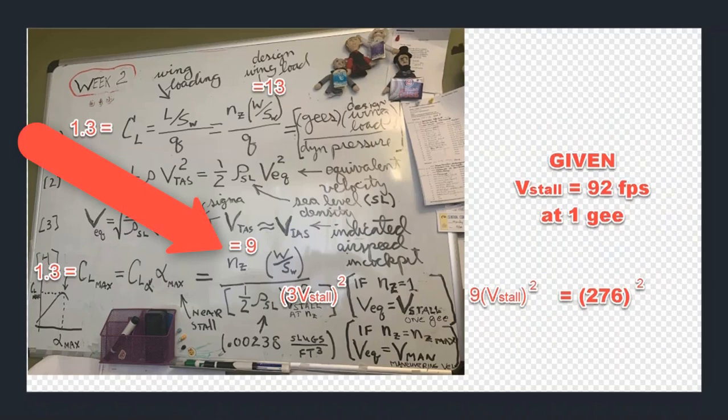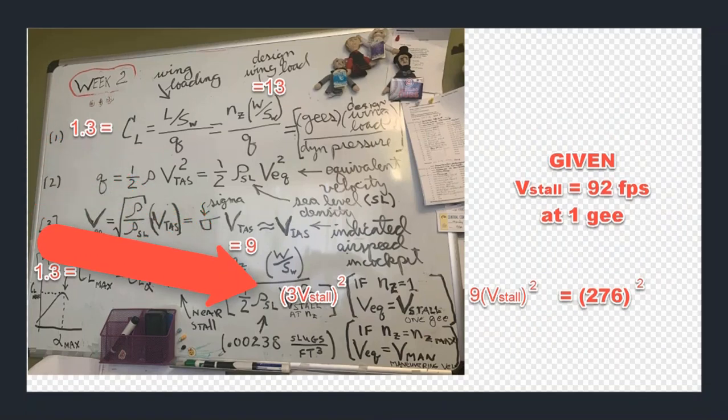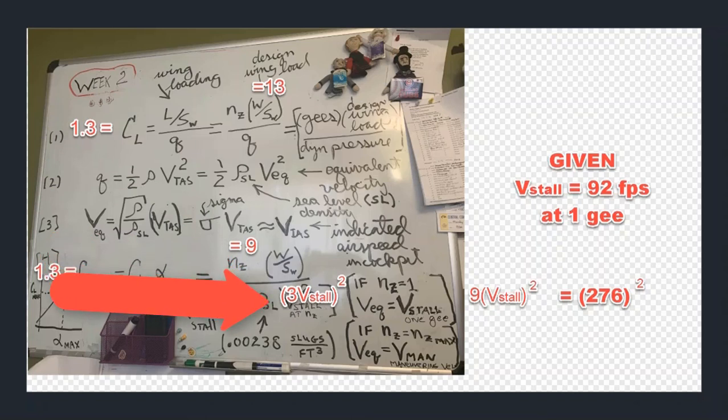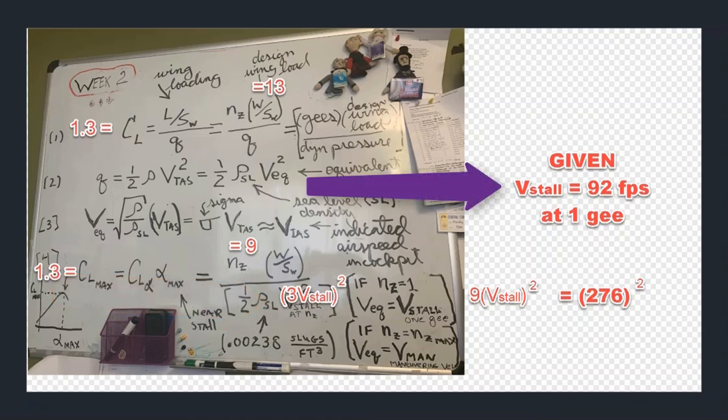Well, the idea is to get 9 on the top and the bottom of the basic equation. So given that the stall speed is 92 feet per second at 1G, what would I have at 9 G's?